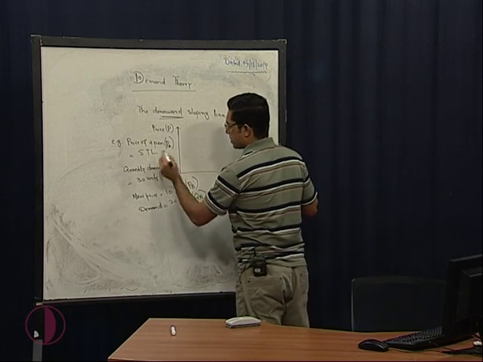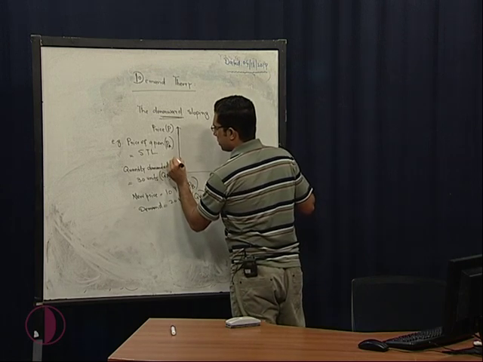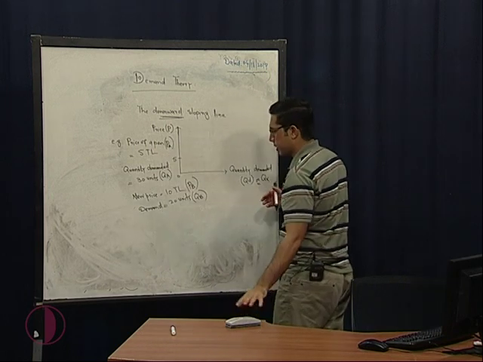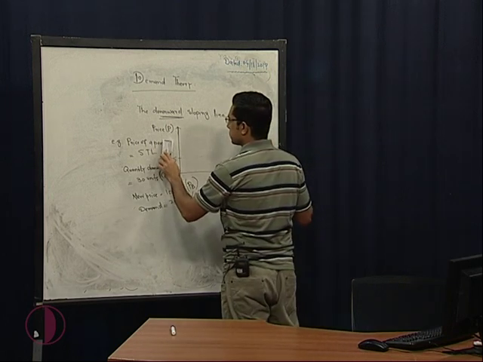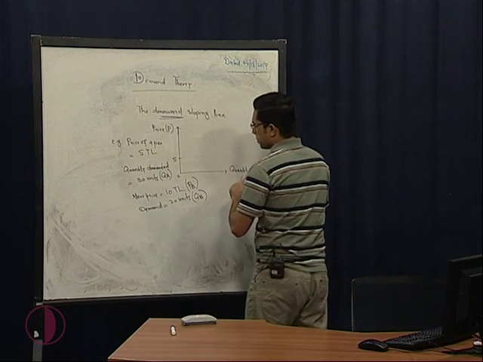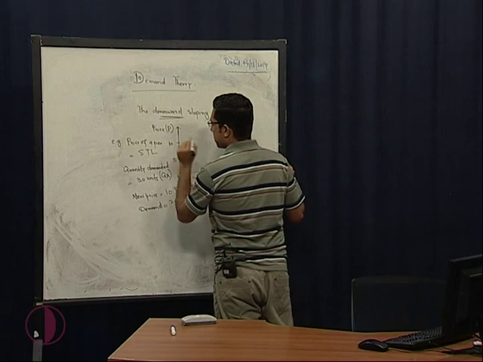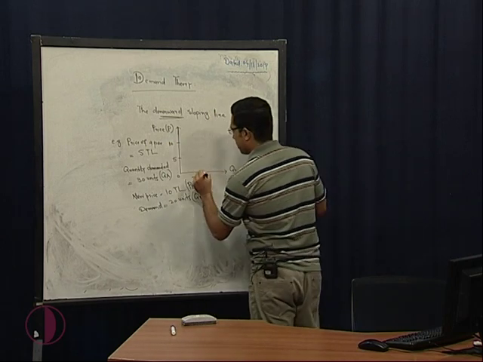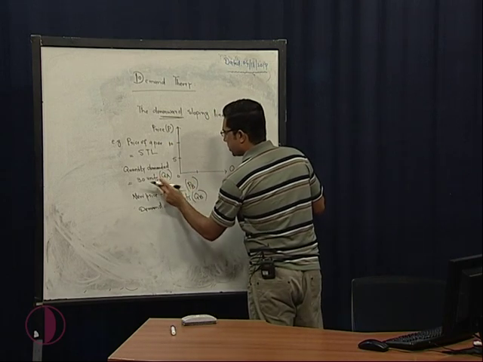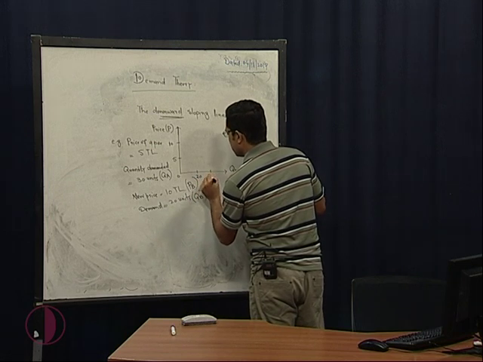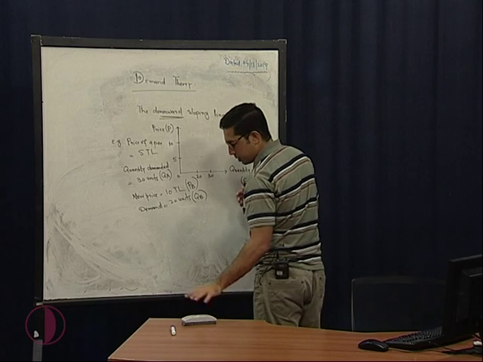So the price was 5 Turkish lira, and this is 10 Turkish lira. Quantity demanded was 20 and 30.